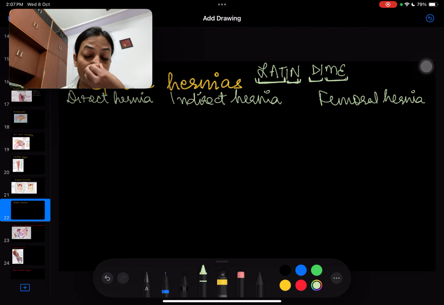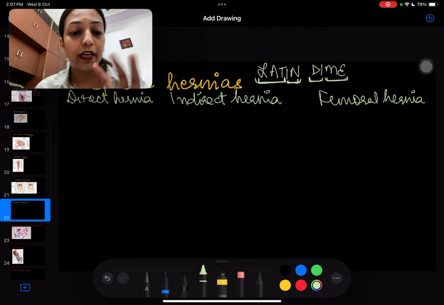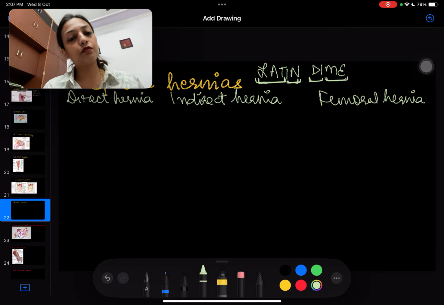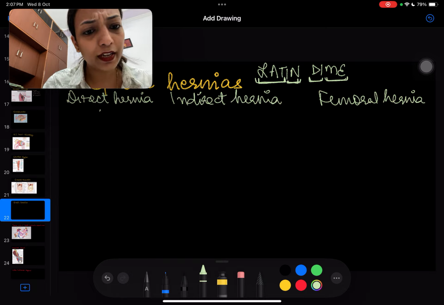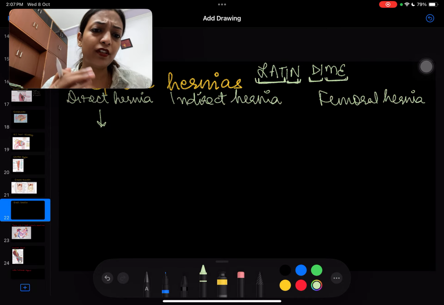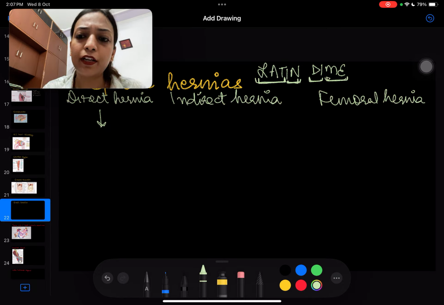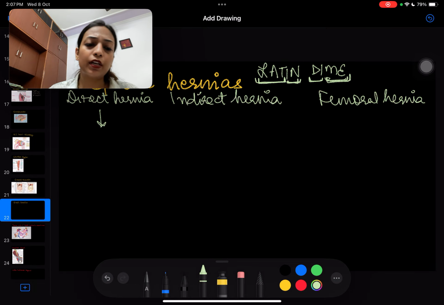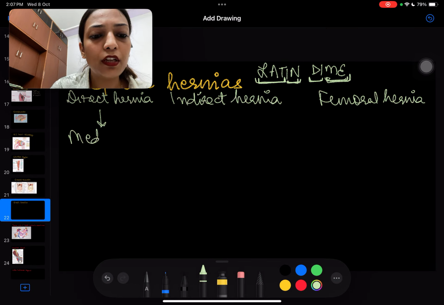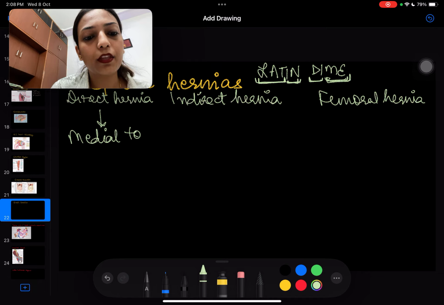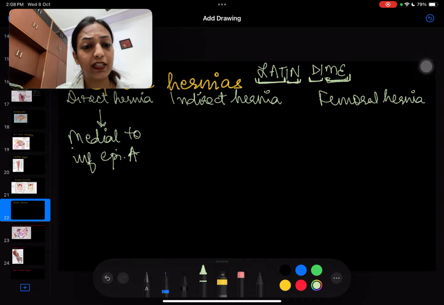Did you understand what I just said? I just tried to explain you the mnemonic, right? So if I ask that direct hernia comes through, does it come lateral or does it come medial to the inferior epigastric artery? See here, I told you that it comes medial. So direct hernia comes medial to the inferior epigastric artery. I hope that makes sense now.